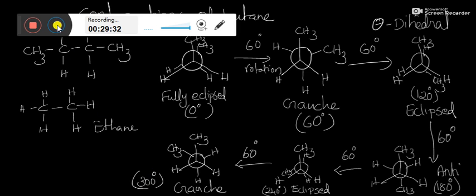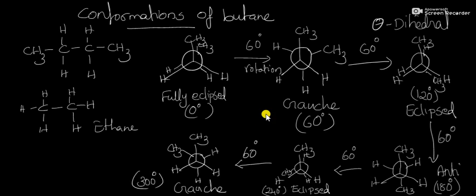So it has a total of 6 conformations, in which 2 are Gauche forms. This is one Gauche form and this is another Gauche form, and 2 eclipsed forms. What are the eclipsed forms? This is one eclipsed form and this is another eclipsed form.